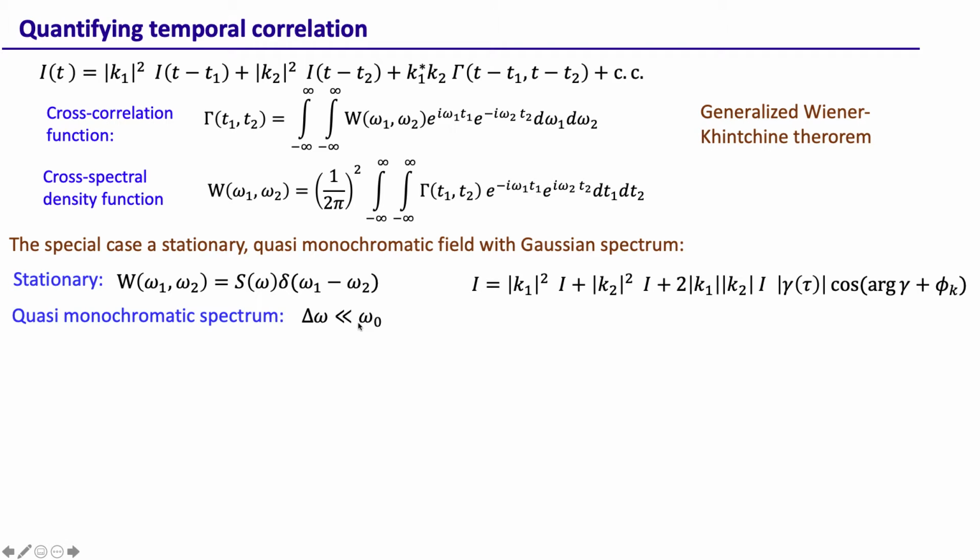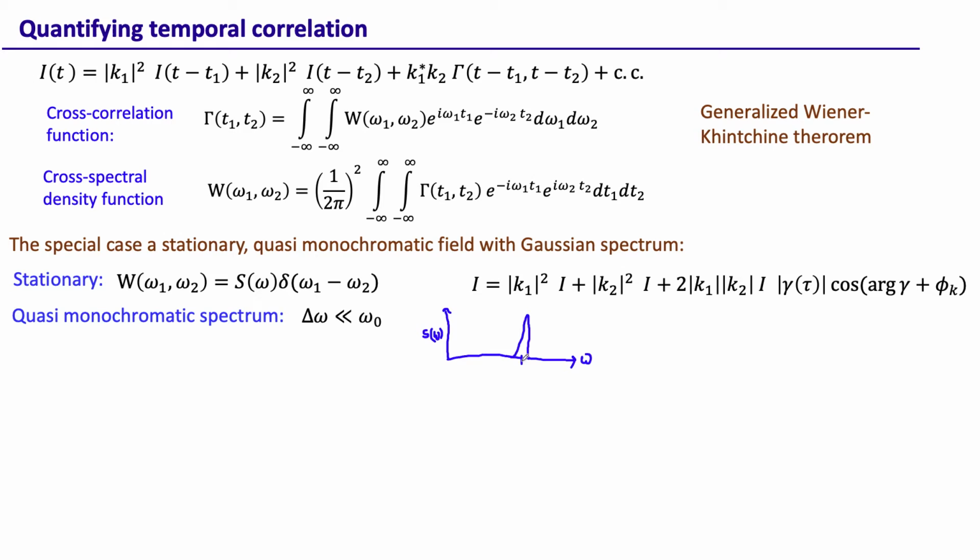So if we represent this spectral density as a function of frequency omega, let us say this functional form looks something like this.